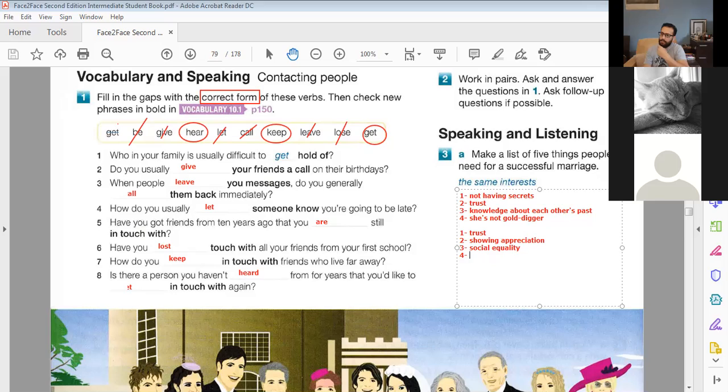For their marriage to be integral or to be stable, one of them had to know how to listen. Yeah, the ability to listen, right? To listen well. Okay.